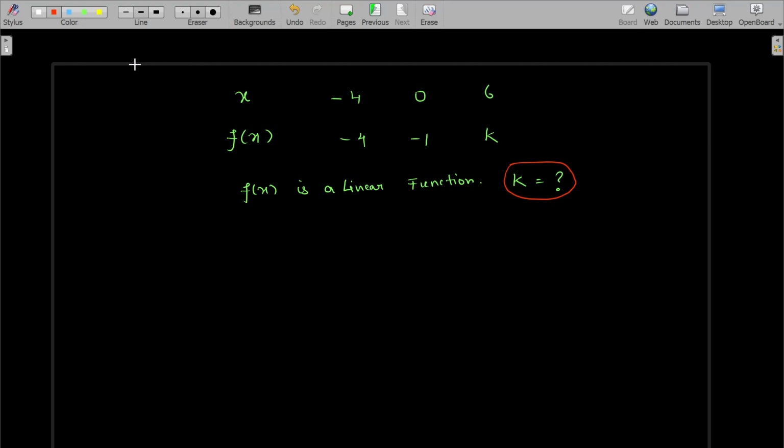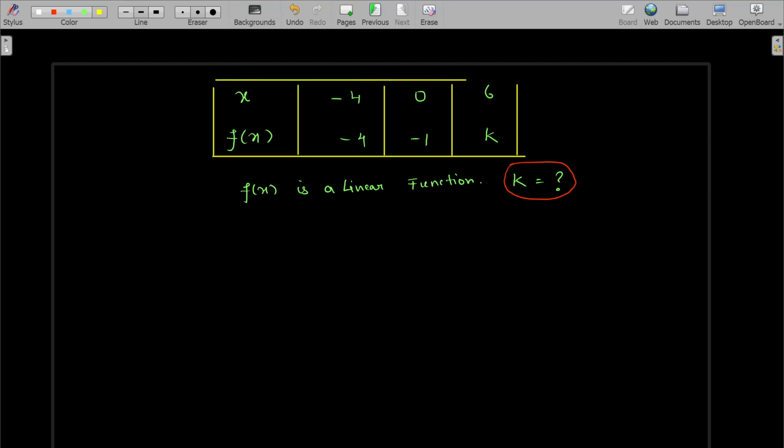Can you guess how this particular question can be done? To make an equation. Okay. Which type of equation should we make? A linear. Linear. Perfect.